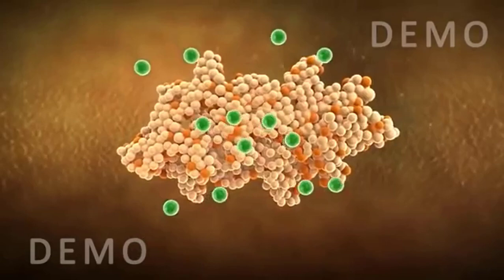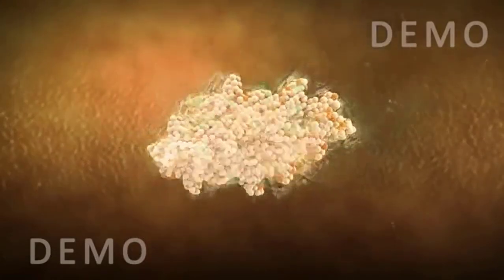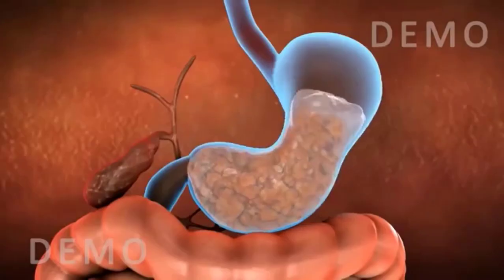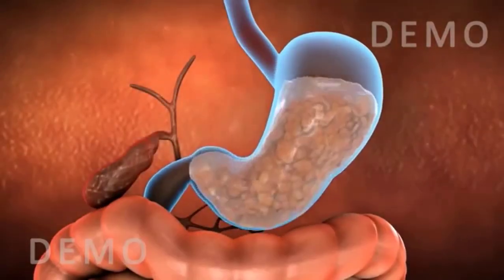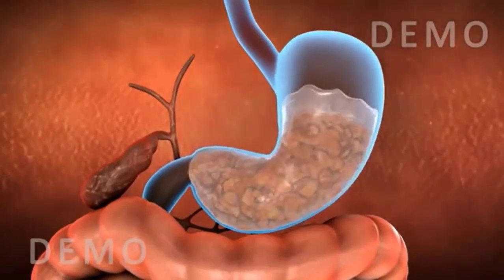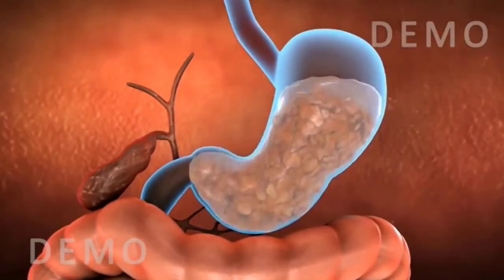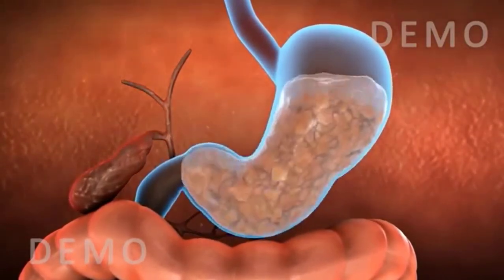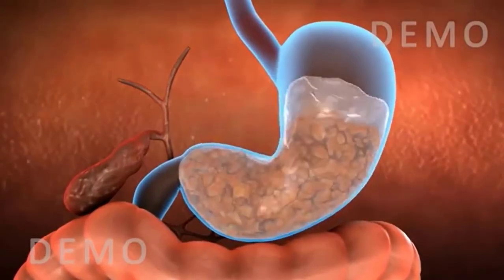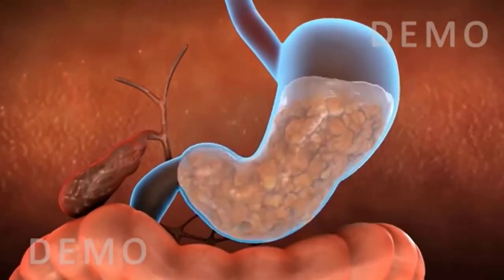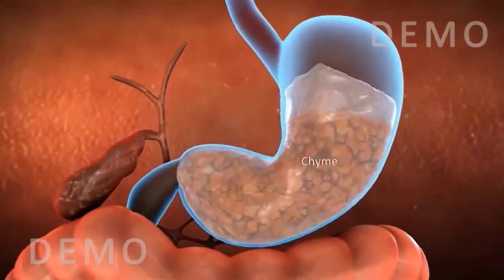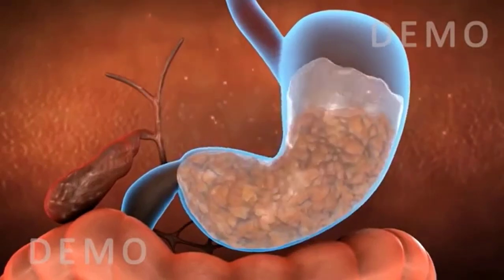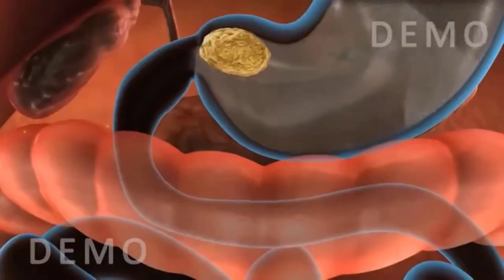The digestive juices start breaking down the proteins present in the food into simpler forms. Muscular contractions in the stomach churn this food mass to further break it down and mix it with secretions in the stomach to form a thick liquid. This thick liquid is called chyme. The chyme exits the stomach through peristaltic movements.